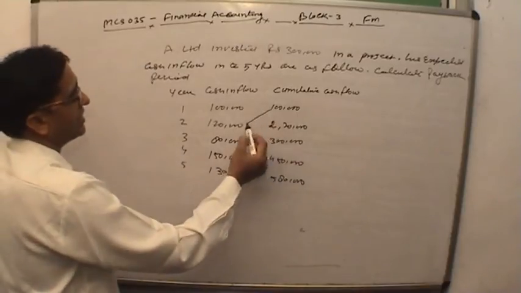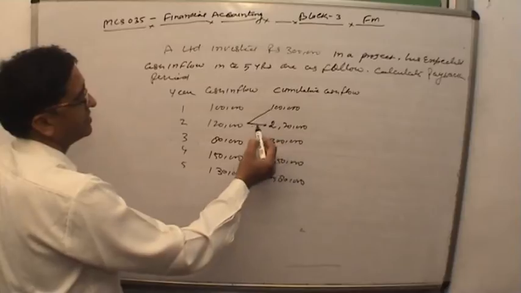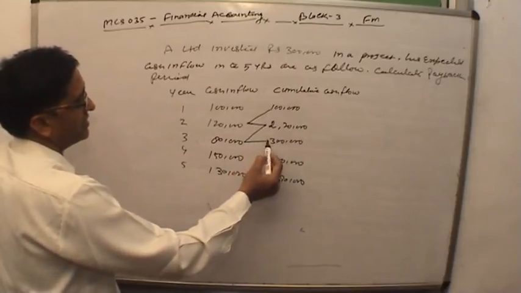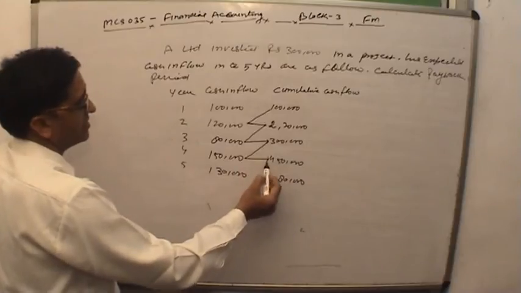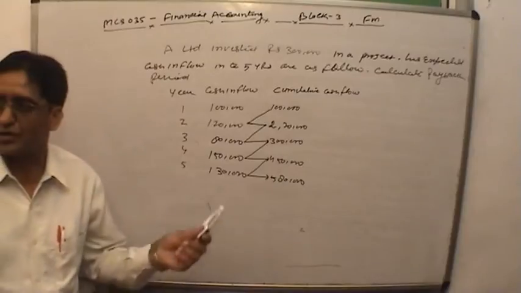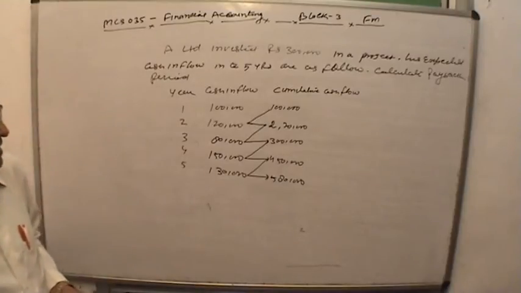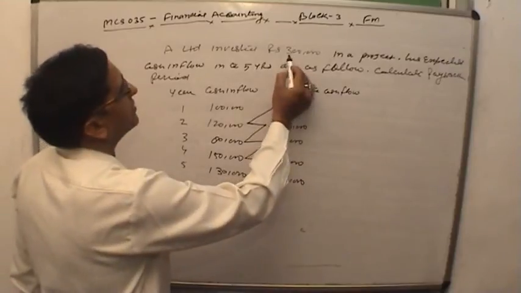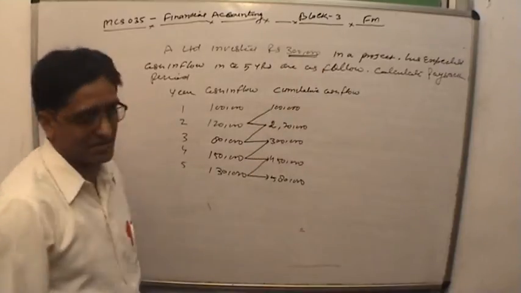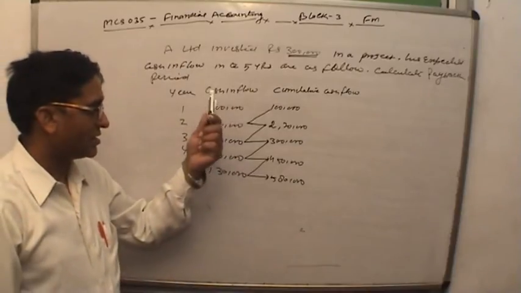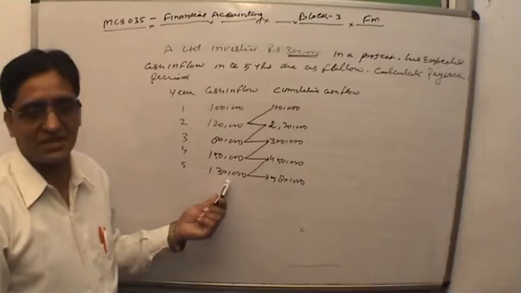Like this, add this to get this one, then add this to get this one, and so on. So this is the procedure for cumulative cash flow. Now you have seen in this question that Mr. A invested only 3 lakhs to earn such cash inflows.